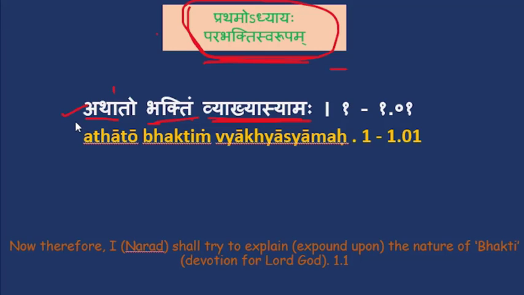It will become atha, ataha, vaktim, vyakhyasyaamaha. Atha is a separate word and ataha is a separate word. There are two words, atha and ataha. Then vaktim is the third one and vyakhyasyaamaha is the fourth one. Four words are there.